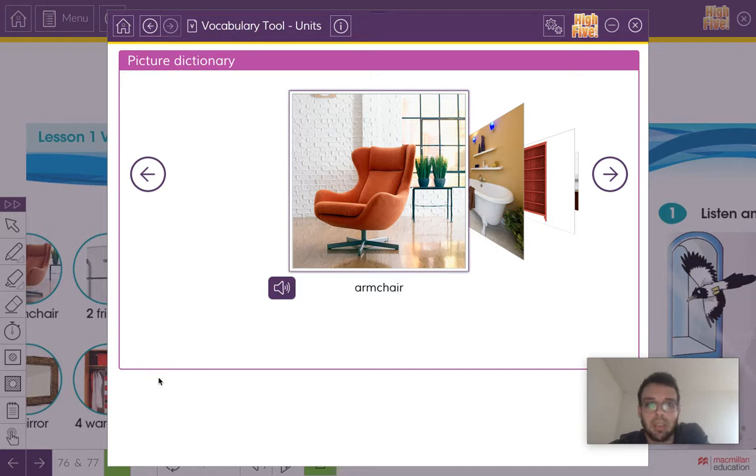So, you're going to look at the picture and repeat the word. So listen to the word and repeat. Ready?